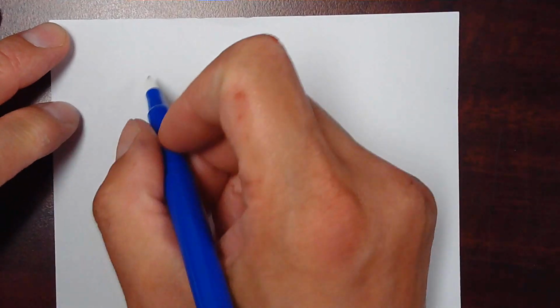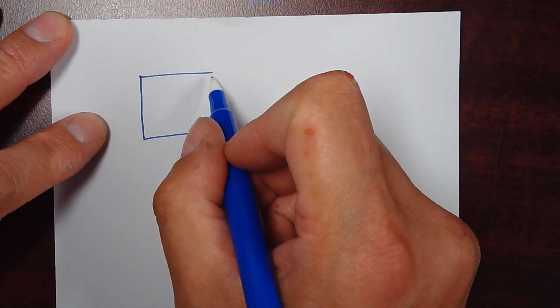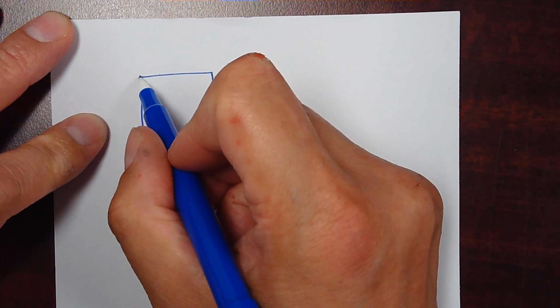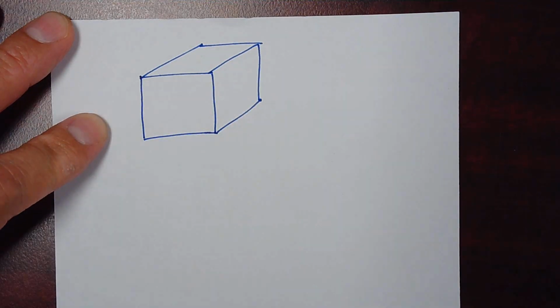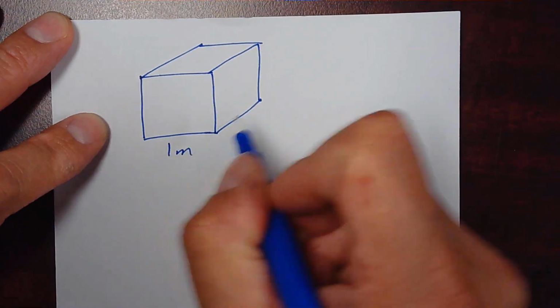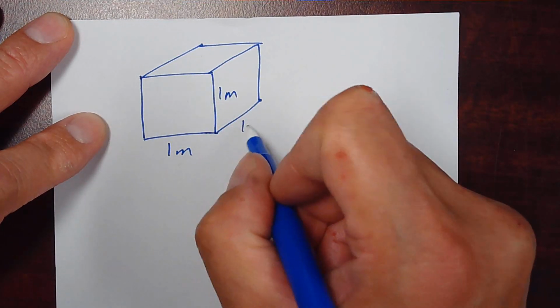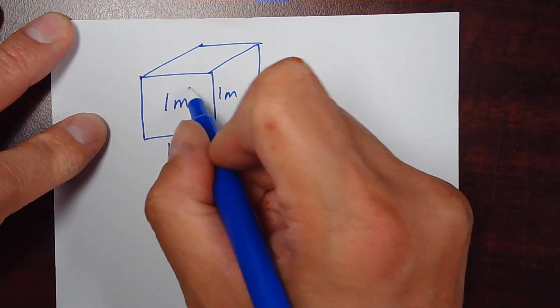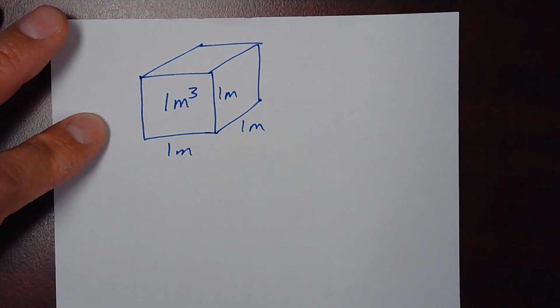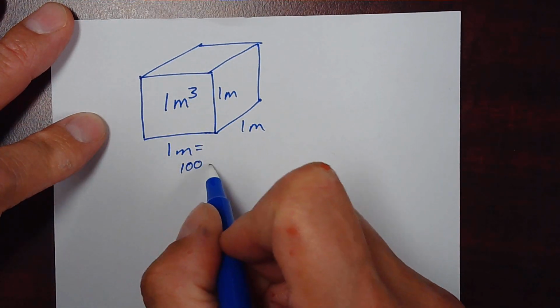All right, so let's say we have a cube. And this cube is 1 meter wide, 1 meter tall, and 1 meter deep. In other words, this is 1 cubic meter. Okay? Well, 1 meter is the same thing as 100 centimeters.